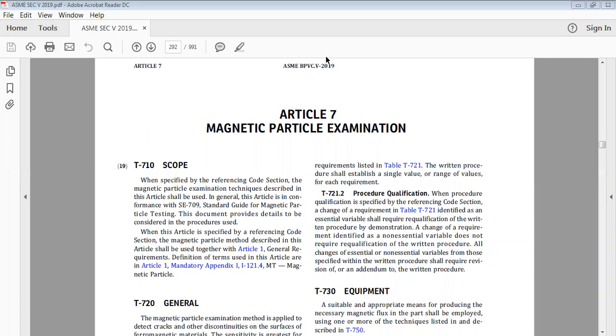Then we saw demagnetization. In demagnetization, after testing, we remove the magnetic field, and that is known as demagnetization. We also saw the centrifuge test, settling test or concentration test. For the fluorescent method, the settling volume should be 0.1 to 0.4 ml.